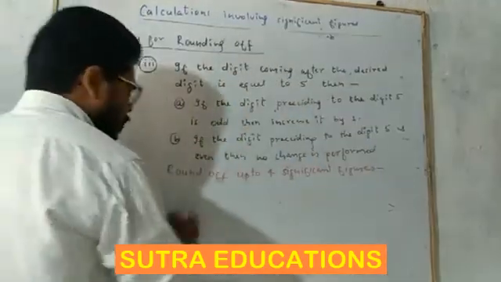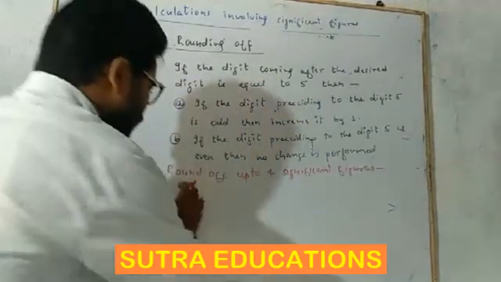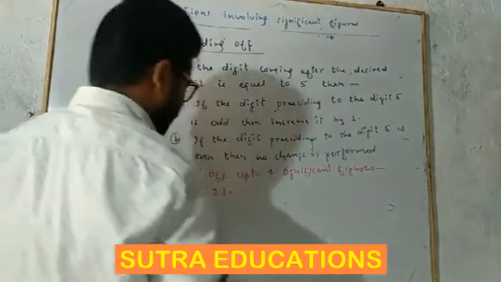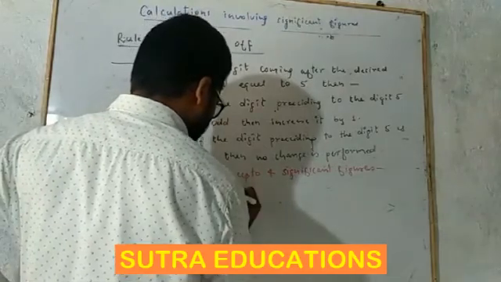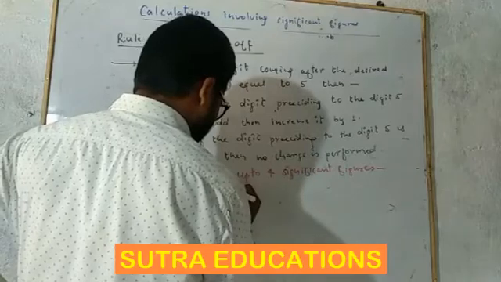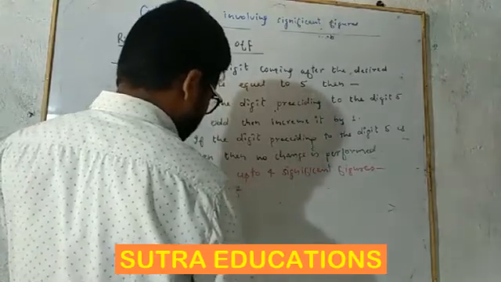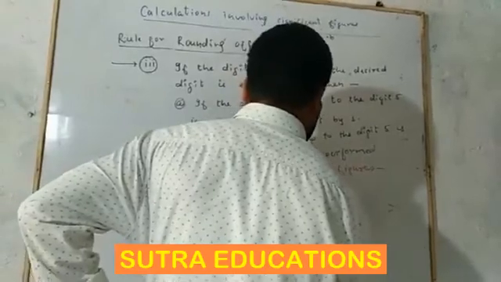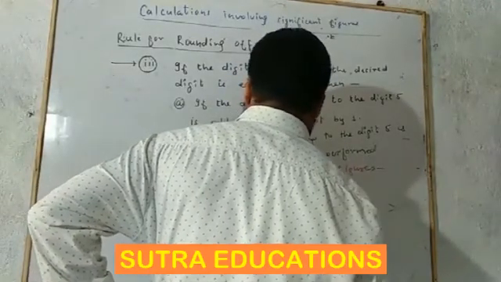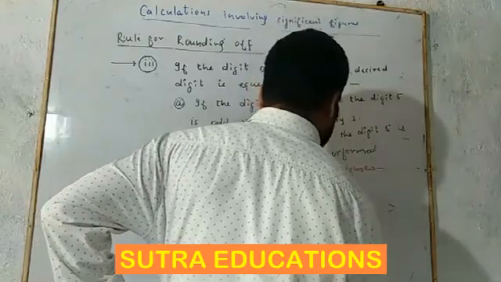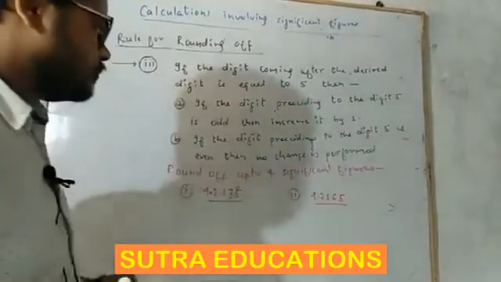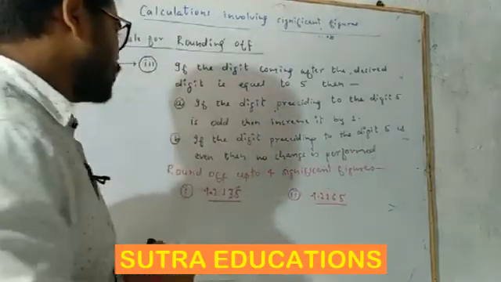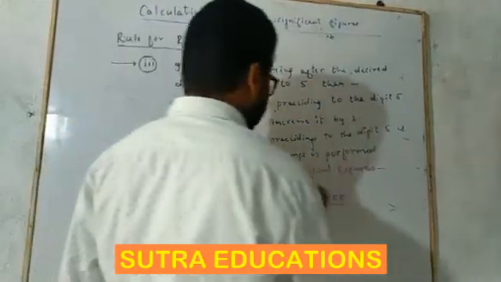One is 4.2175, and second is 4.2165. So two questions are there, and in these two questions we have to round off up to 4 significant figures.